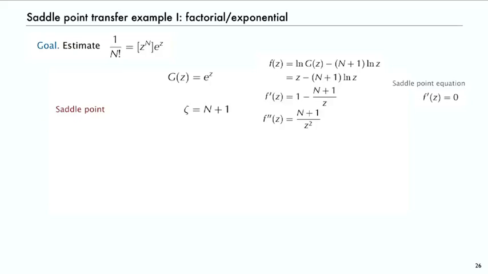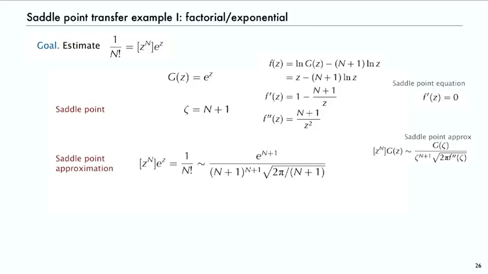So that's zeta equals n+1. And then the saddle point bound is just plug in zeta. Second derivative is 1 over n+1. So the approximation that we get is e^(n+1) over (n+1)^(n+1) times the square root of 2 pi over n+1.